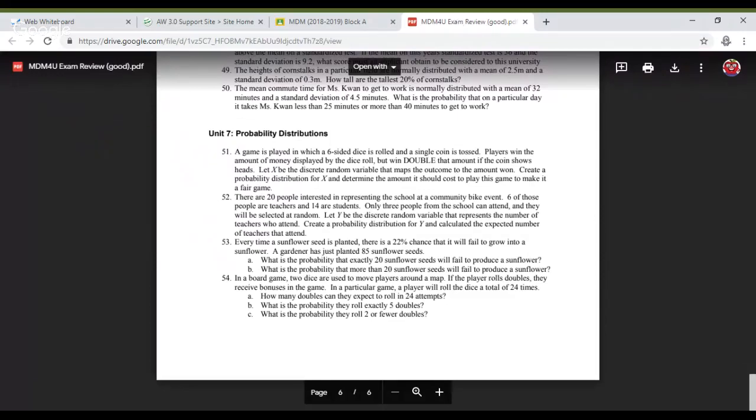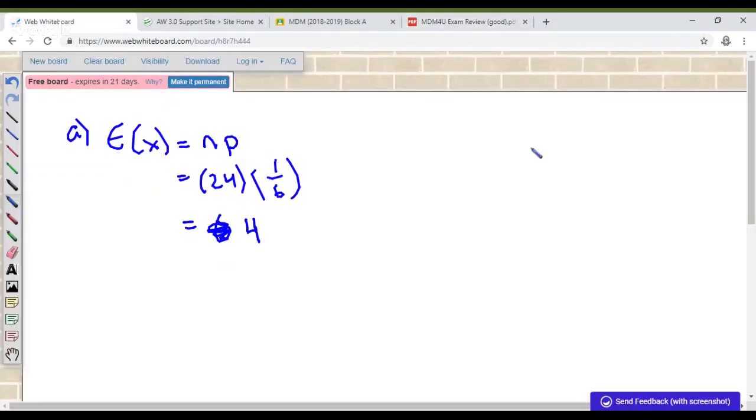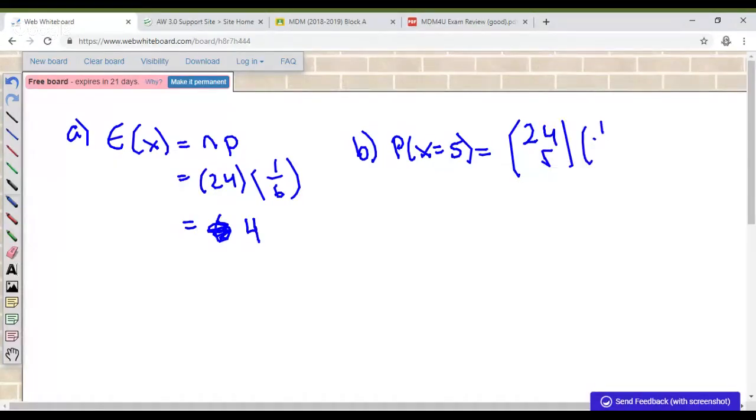Question B says, what is the probability they roll exactly 5 doubles? So exactly 5, we're going to consider doubles to be success. Out of 24 attempts, we want 5 to be successfully doubles. So 1/6 is the probability of success, and I need 5 of them.